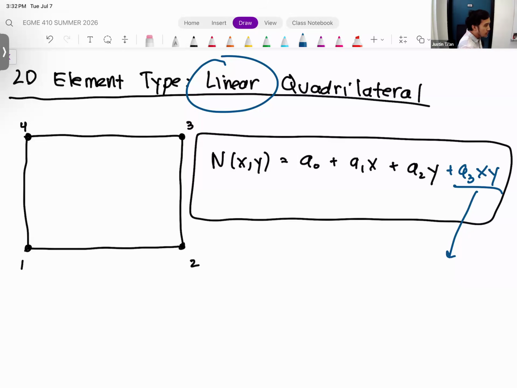So that additional term here means that compared to the linear triangle, our linear quadrilateral can account for new types of solution behavior that the triangle could not. So basically, any solution behavior that depends on both x and y simultaneously, so it's changing in both the x and y direction at the same time, the quadrilateral can account for that while the triangle cannot.